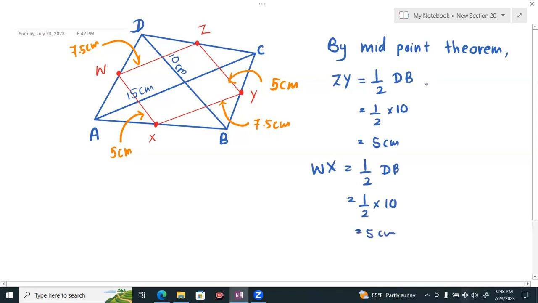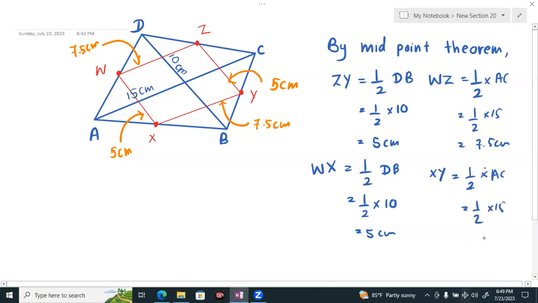Then WZ is equal to half of AC, therefore it is half of 15 centimeters, it is 7.5 centimeters. Then XY equals half of AC, then it is also half of 15, that means 7.5 centimeters.